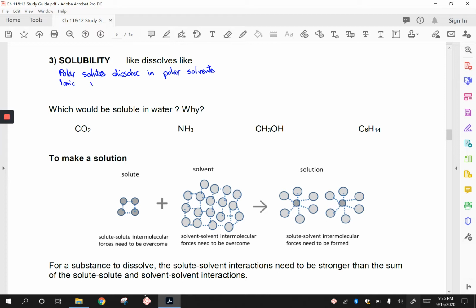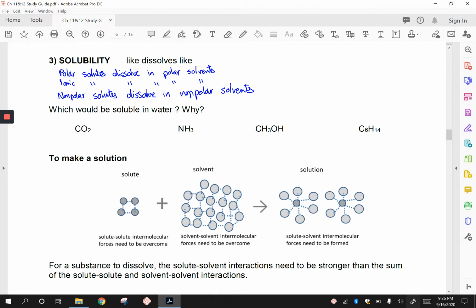Ionic solutes also dissolve in polar solvents. Nonpolar solutes dissolve in nonpolar solvents. But if you mix polar with nonpolar, they won't be soluble. Or ionic with nonpolar, it won't be soluble.